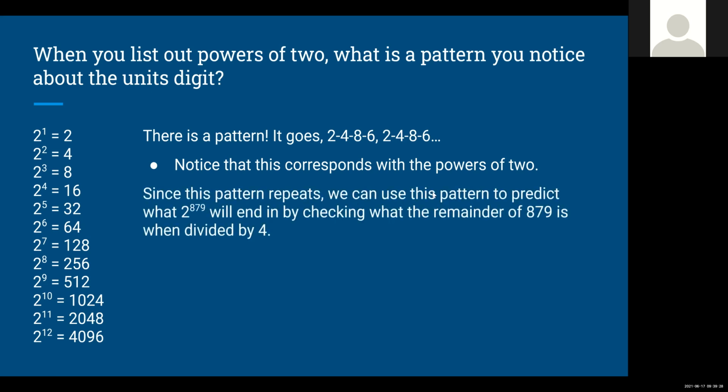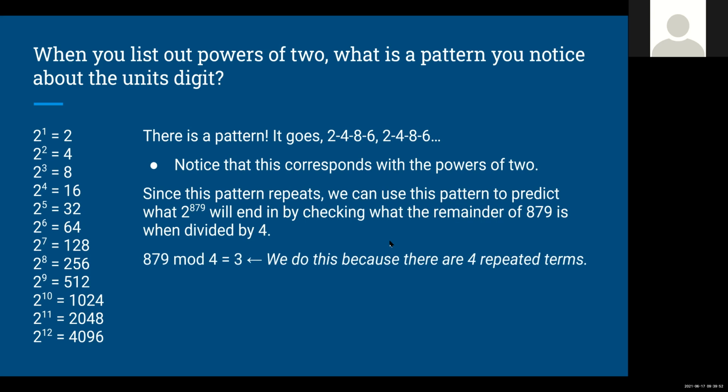So let's suppose there's a question on the AMC asking what's the last digit of 2 to the 897, or what's the remainder when 2 to the 897 is divided by 4. Since there are cycles of 4, we can simply use this.